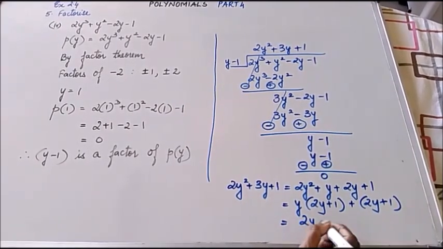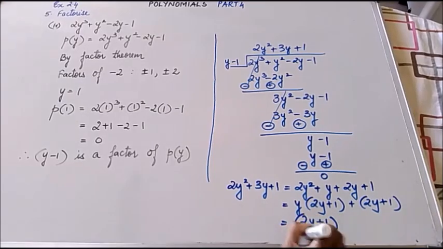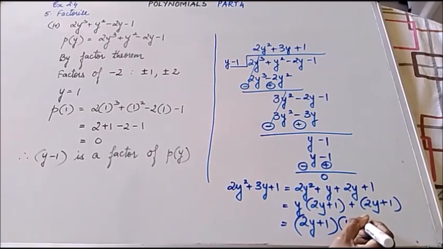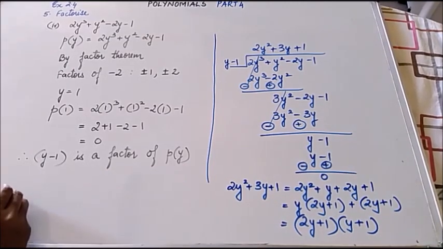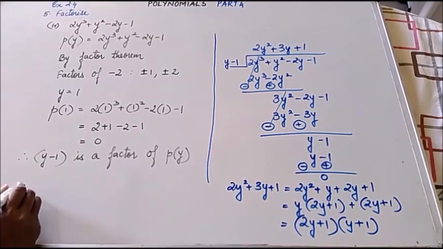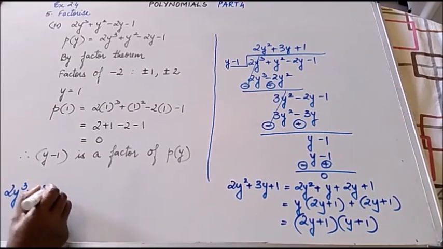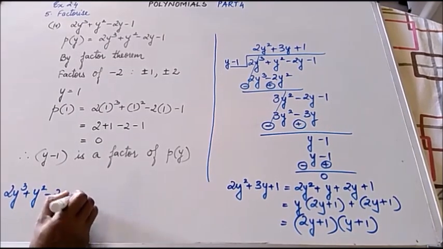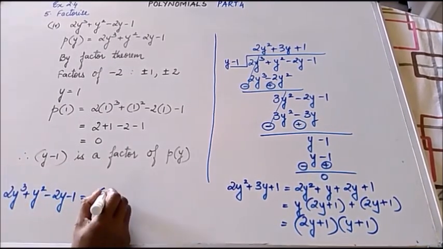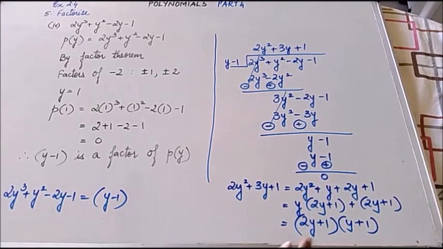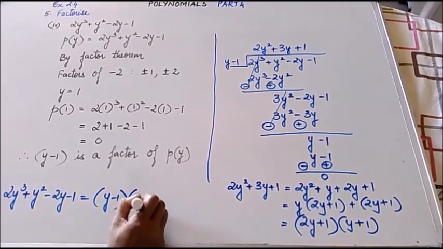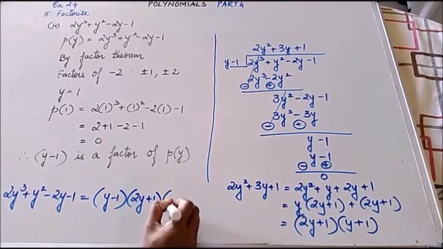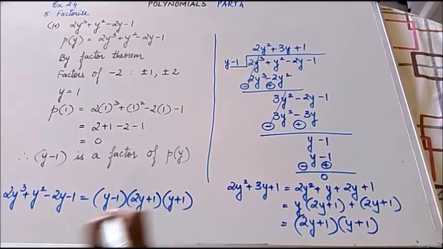This will give us 2y plus 1 into y plus 1. So we get 2y cube plus y square minus 2y minus 1 is equal to, one of the factors here y minus 1. The other factor is 2y plus 1 and the other factor is y plus 1.